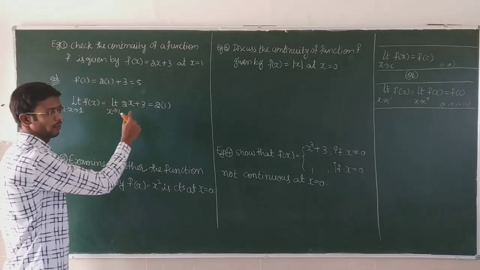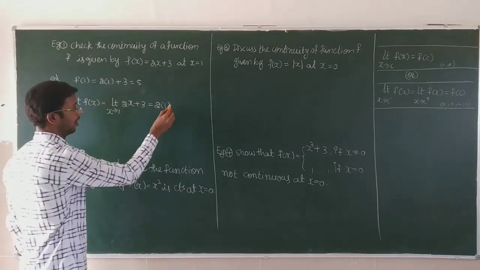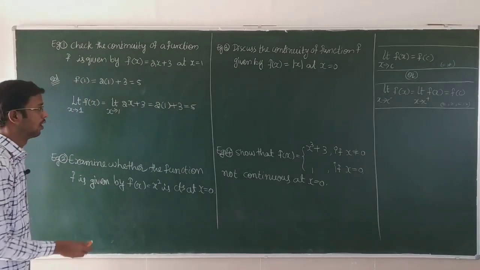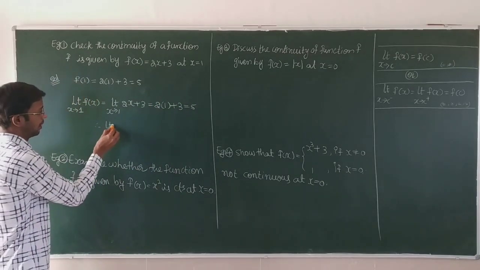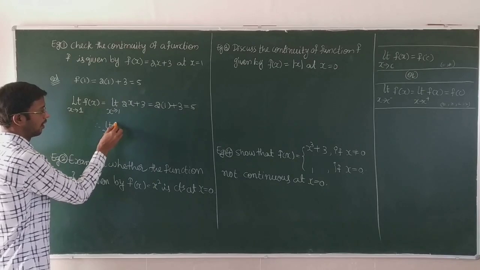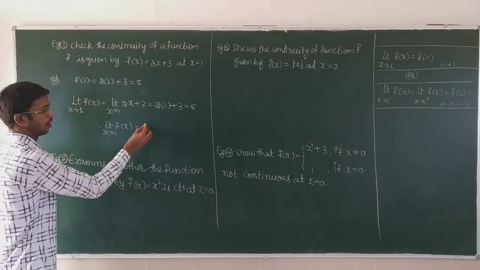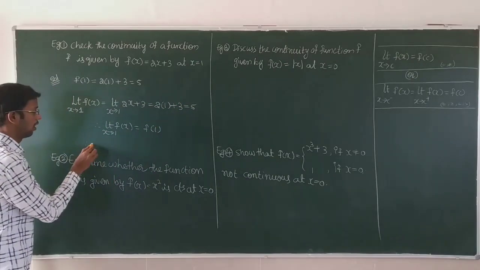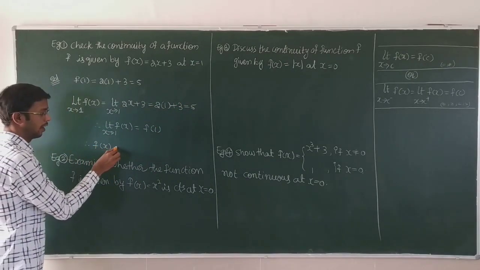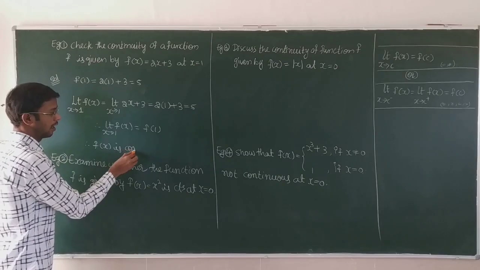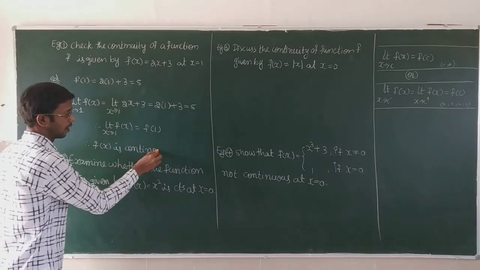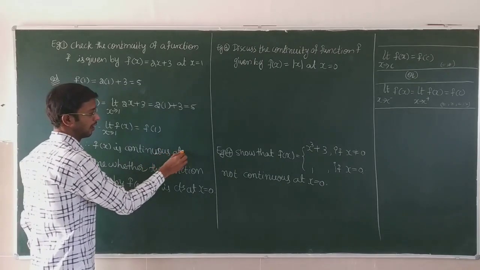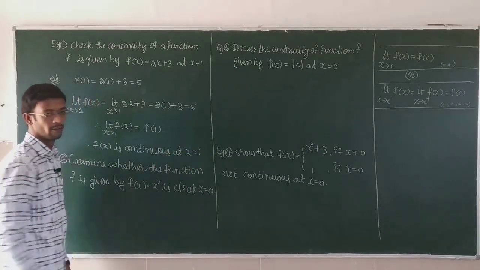So the approximate value we can take as 1 only. 2 into 1 plus 3 is equal to 5. Therefore, limit x tends to 1, f of x is equal to f of 1. The first condition is satisfied. Therefore, f of x is continuous at x is equal to 1.